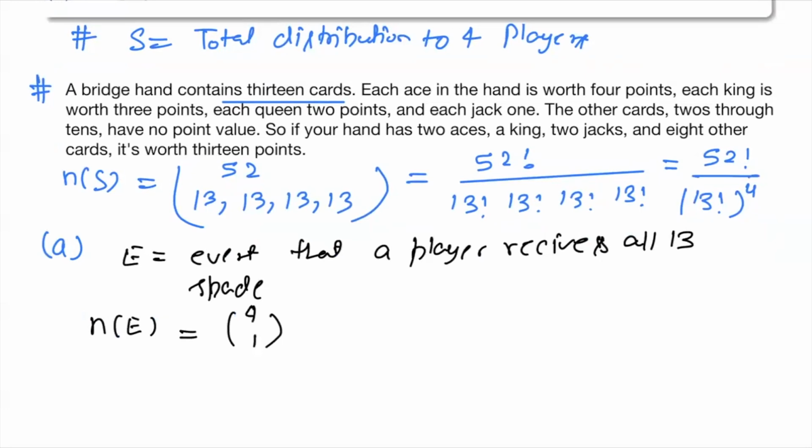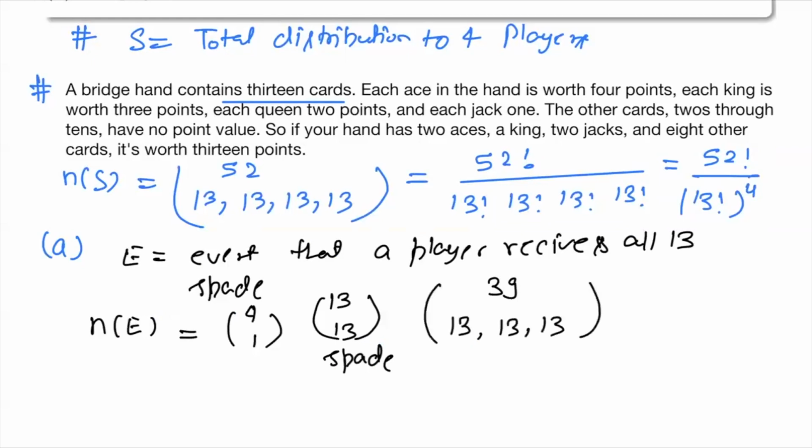So in this case, the 39 other cards, because total cards are 52, you need to distribute to 3 players. Everyone is going to get 13 there. Again, I'm using multinomial. Let me tell you once more. First, I have chosen a player who has got all the spades.